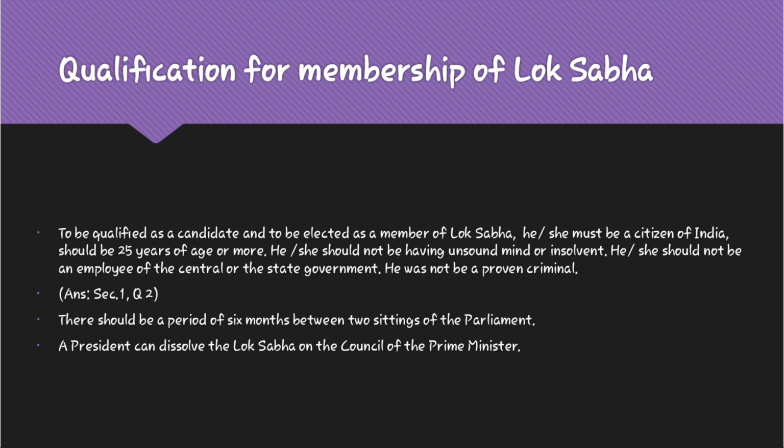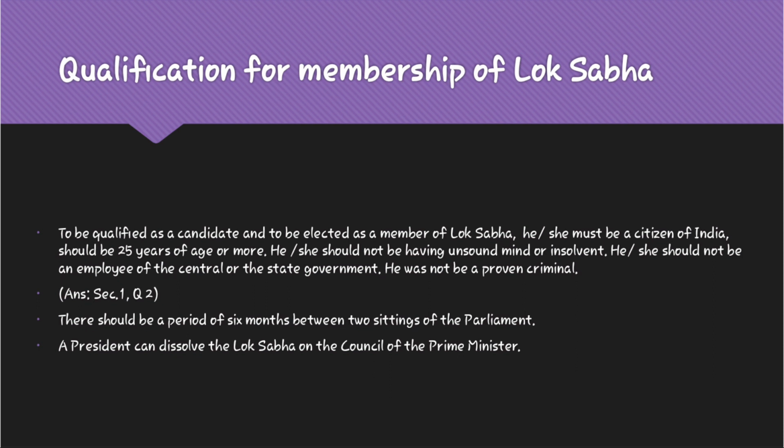No. A person of 25 years and above can stand as a candidate. Third point, he or she should not be of unsound mind or insolvent. Unsound mind means aswasth, a person who is not perfect.